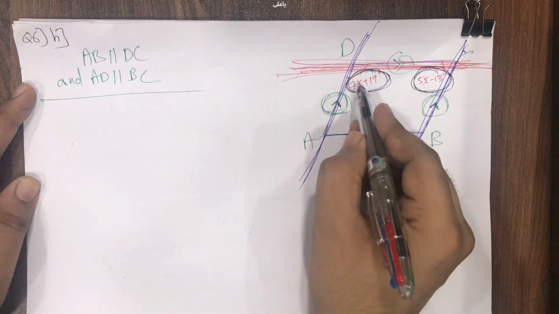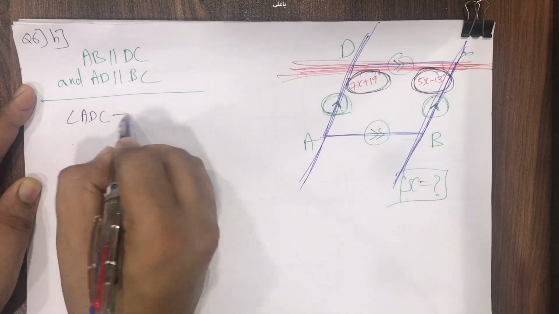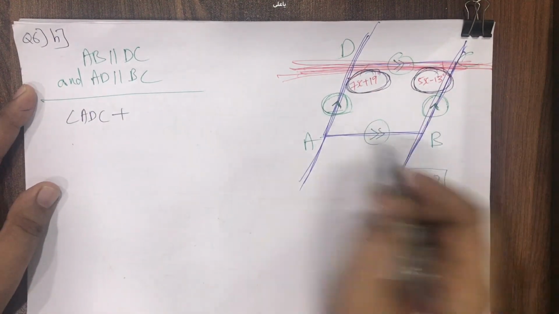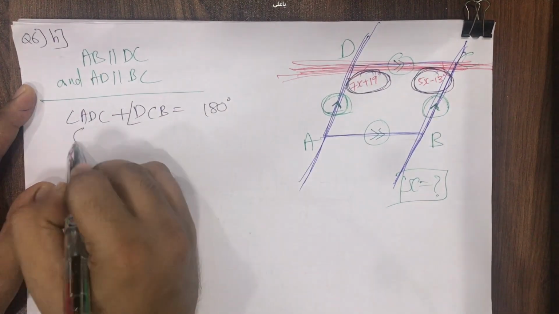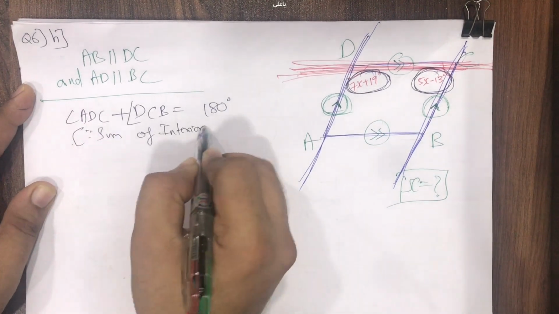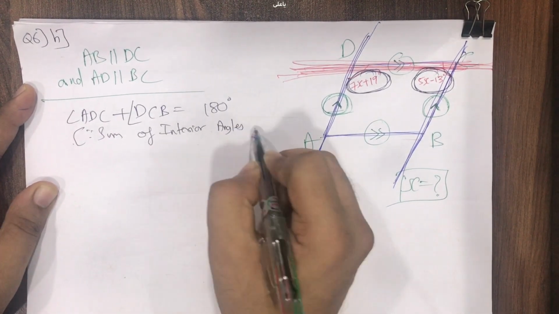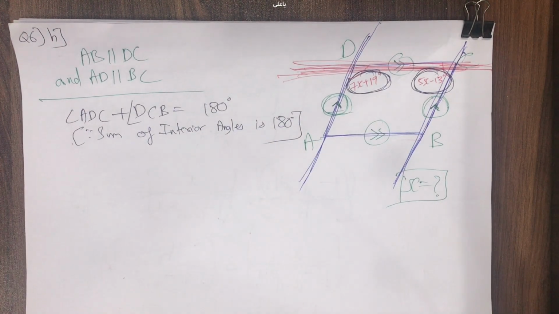What's the name of this angle? Angle ADC. Angle ADC plus, what's the name of this angle? DCB. Angle DCB is equal to 180 degrees, please. Reason: the sum of interior angles is 180 degrees.